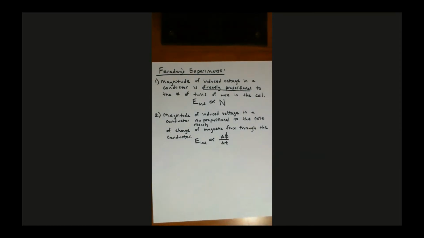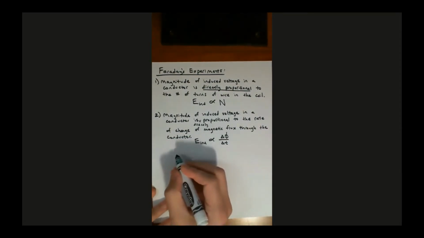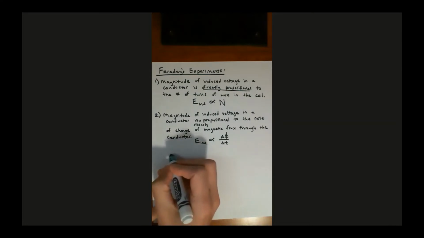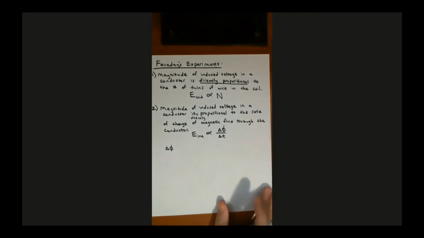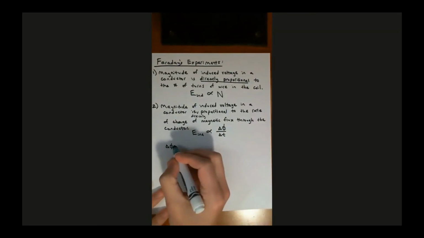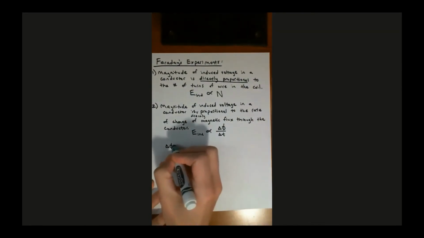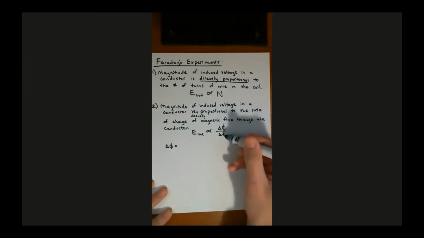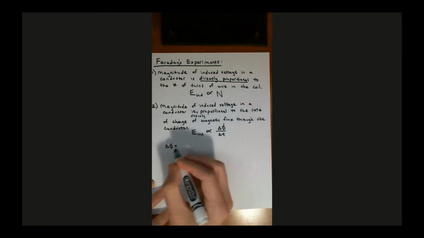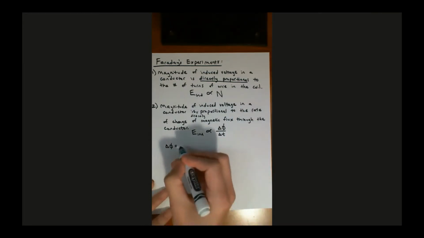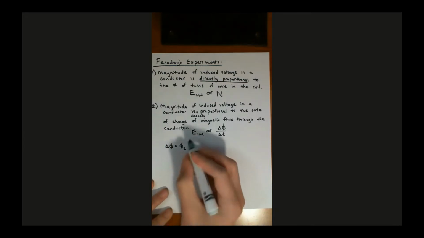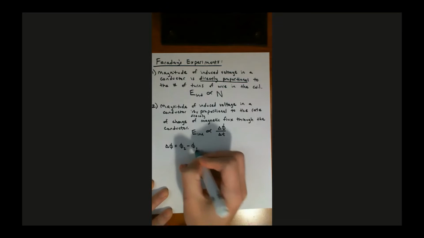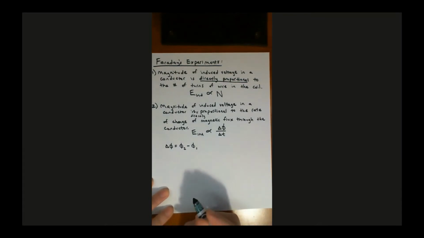All right, when we're talking about the change of magnetic flux, I'm just going to briefly show you how to calculate this, just so we're all on the same page. The rate of change is the change of magnetic flux divided by the change in time. The change in magnetic flux, delta phi, is equal to phi 2, the magnetic flux at time 2, minus phi 1, the magnetic flux at time 1.